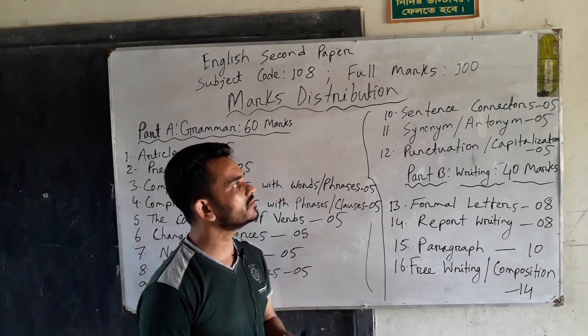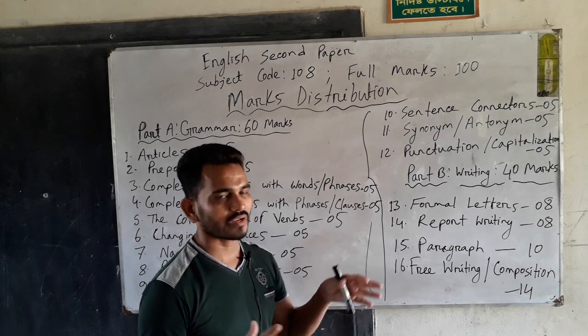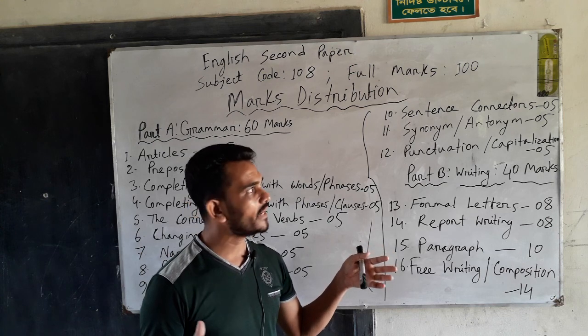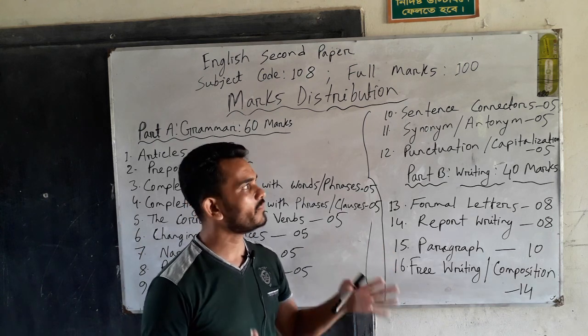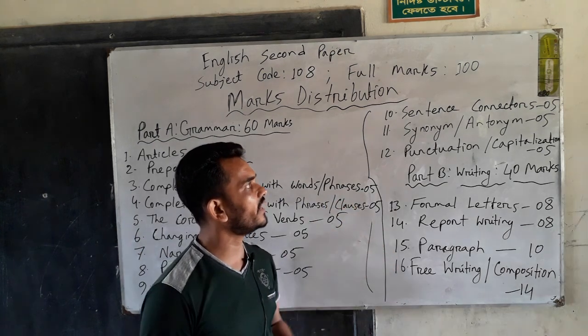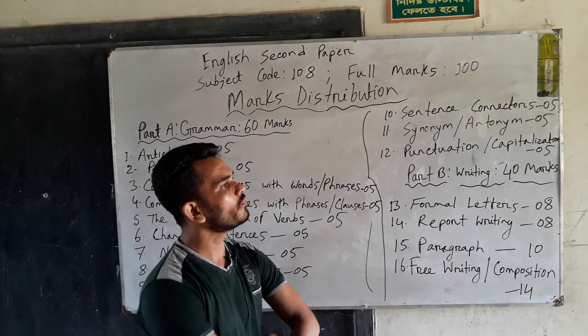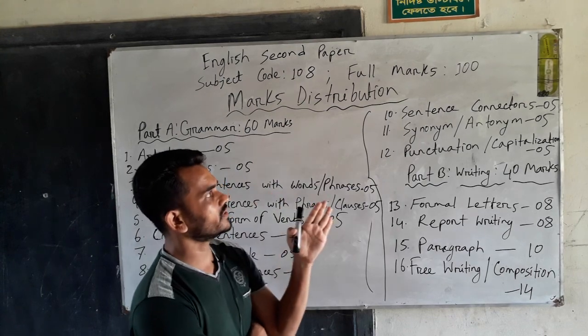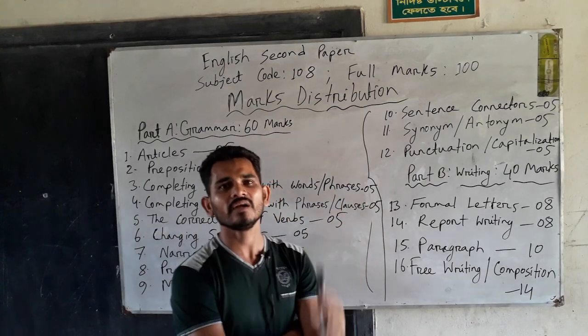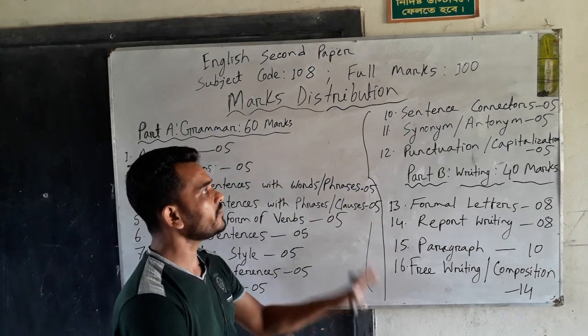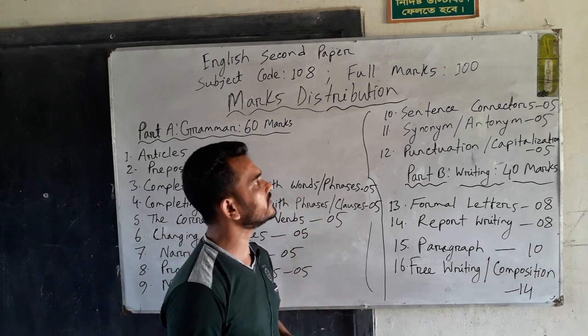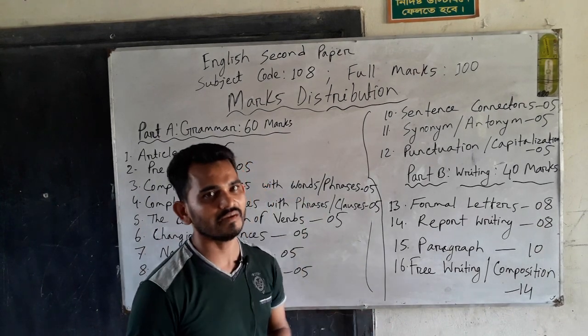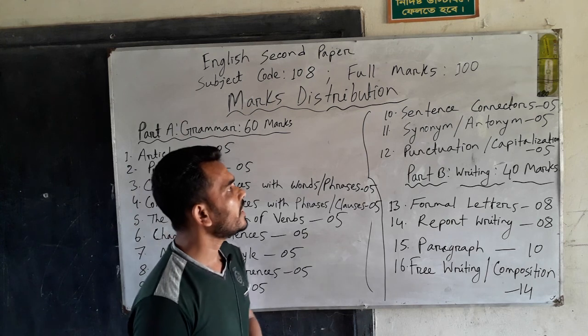By memorizing many words, by memorizing synonyms and antonyms, you will have to write these things in question number 11. You will have to write synonyms or antonyms as directed in the question paper.